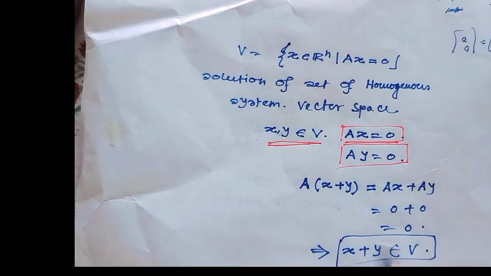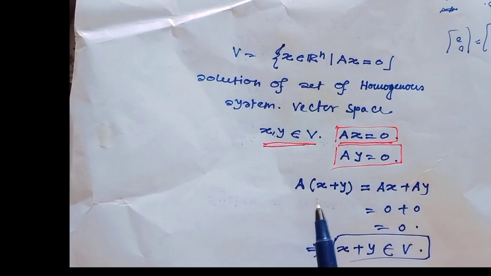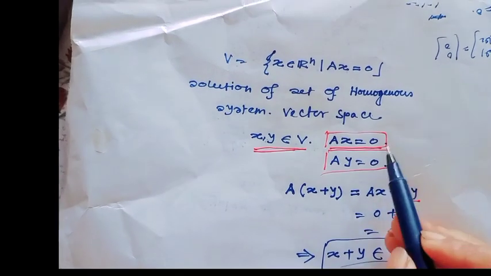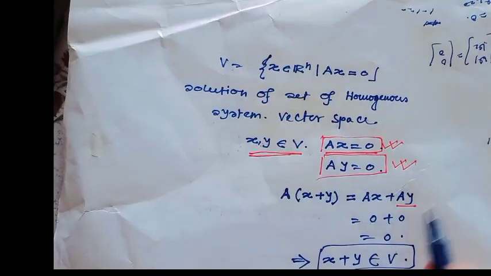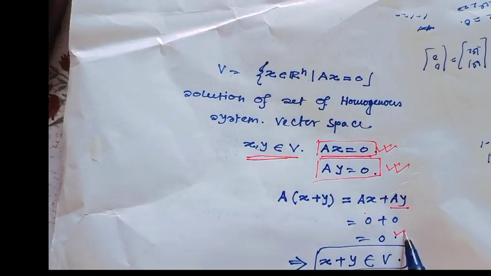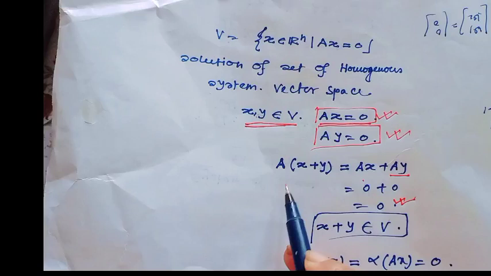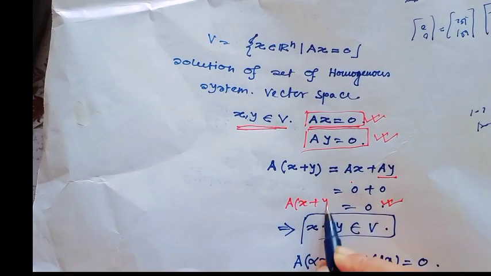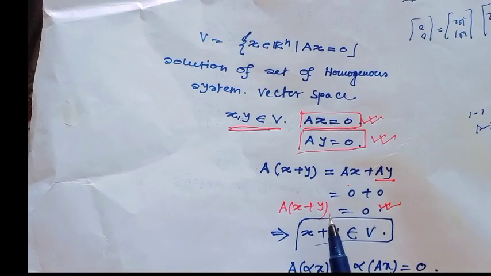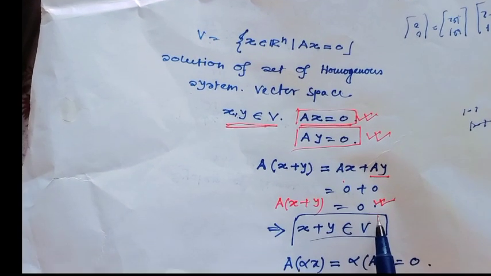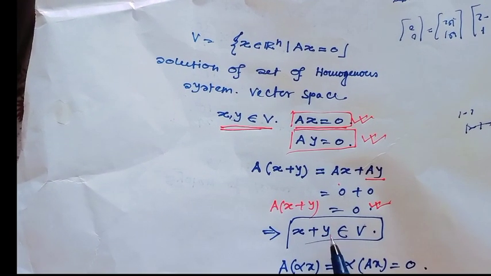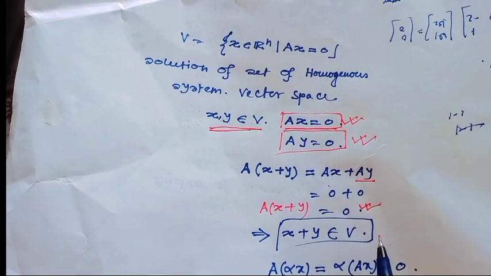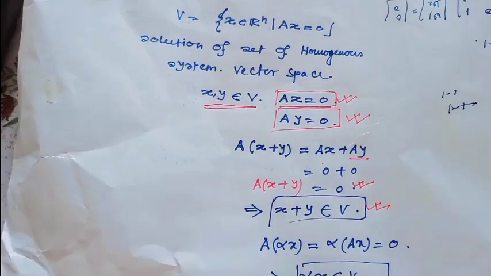We have to prove their sum also belongs to the set. That means A times (x plus y), which is Ax plus Ay, and since Ax equals 0 and Ay equals 0, it is 0 plus 0, which equals 0. Therefore A times (x plus y) equals 0, so x plus y belongs to the vector space.